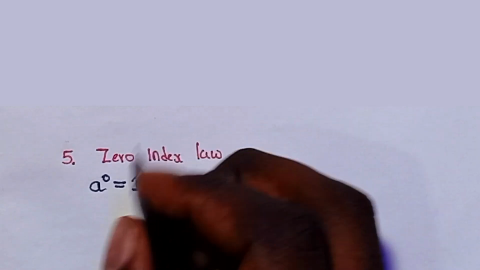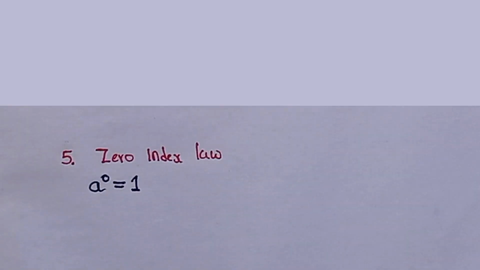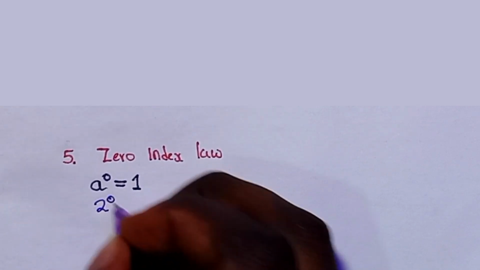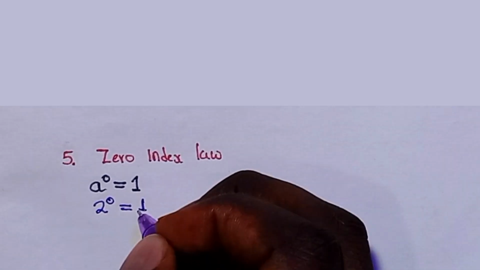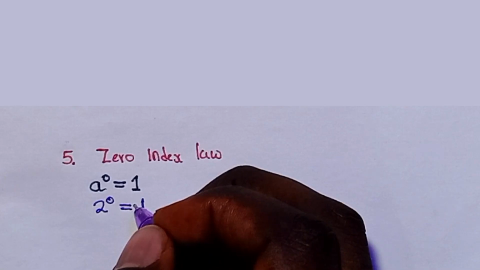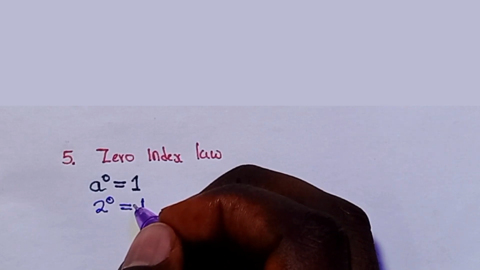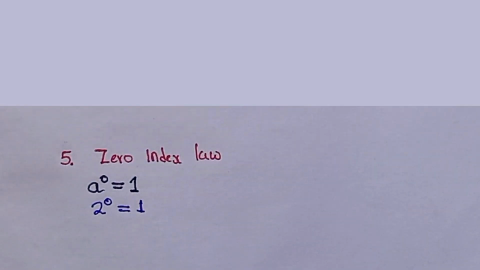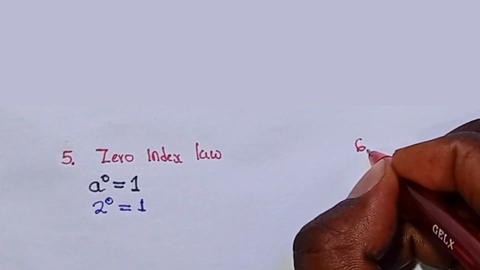For example, if you have 2 raised to 0, it is equal to 1. So that is the shortest law. So let's go to law number 6.